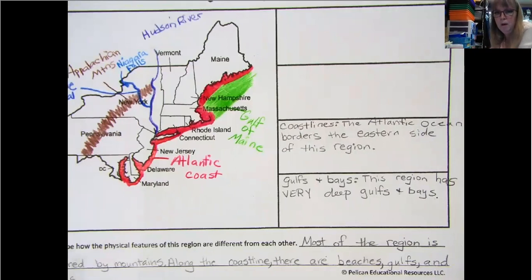Okay, so there's your bottom two boxes. Coastlines. The Atlantic Ocean borders the eastern side of this region. Gulfs and bays. This region has very deep gulfs and bays.